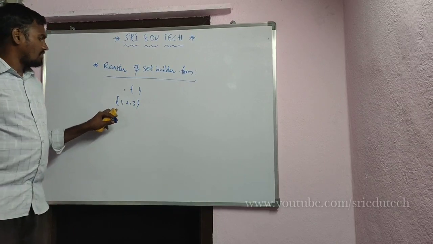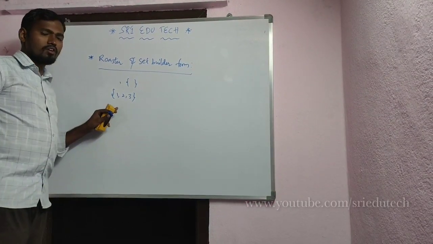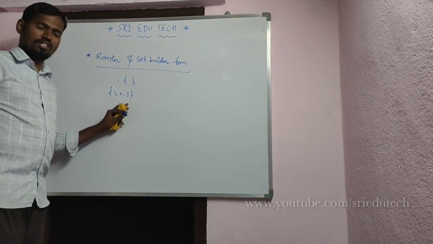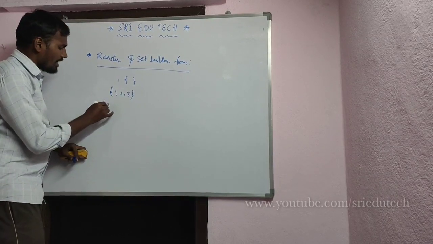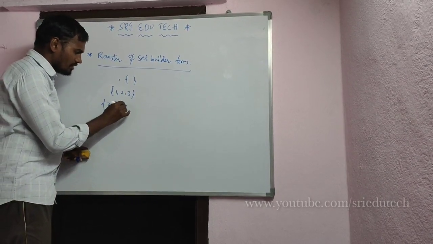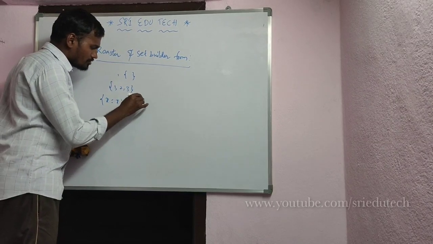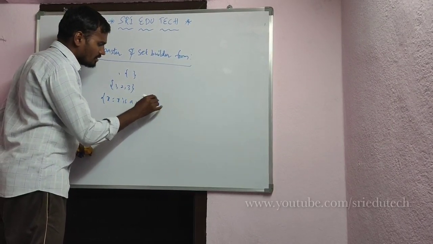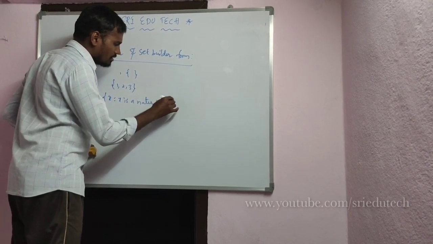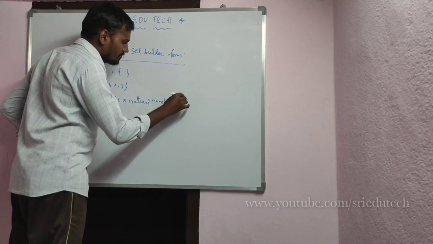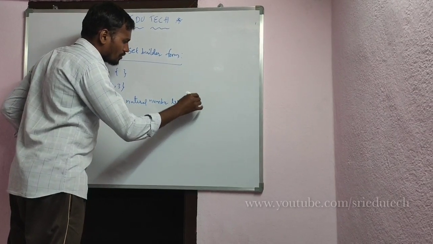See, so write the set builder form of the numbers 1 comma 2 comma 3. Let's see, x such that x is a natural number less than 4.